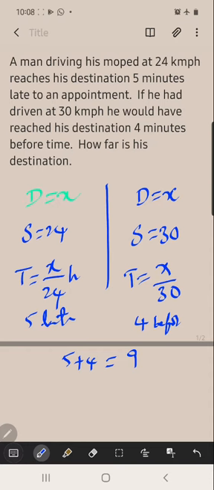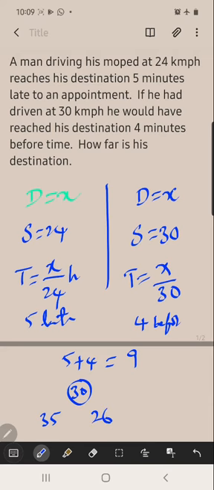For understanding this one, I'll explain one example. For example, 30 minutes journey we have to do, actual time this is, but if 5 minutes late means how much time? 5 minutes late means 35 minutes we are taking to reach the destination. But 4 minutes before means 26 minutes. Within 26 minutes we reach the destination.